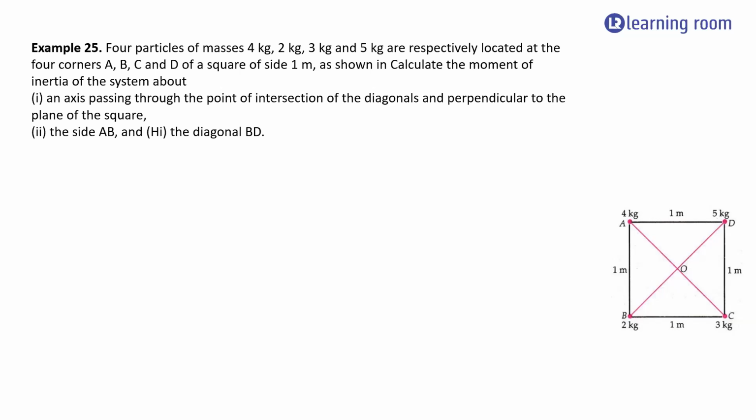And how are those two axes supposed to be? They should be mutually perpendicular, and they should be perpendicular to the axis about which you are trying to find the moment of inertia. So that is why we got the statement I z is equal to I x plus I y.